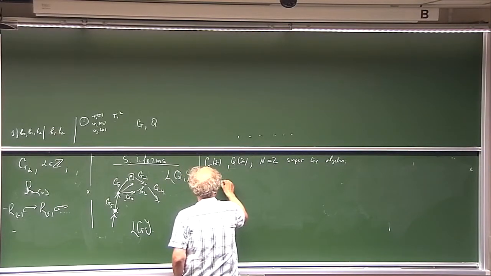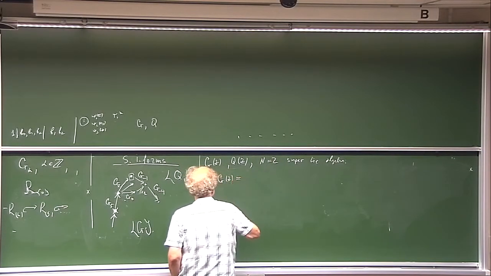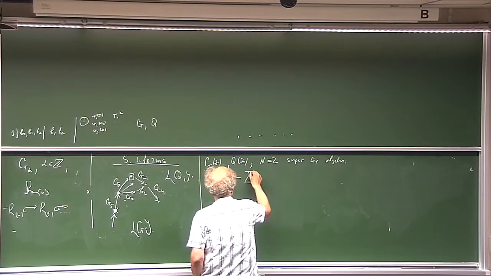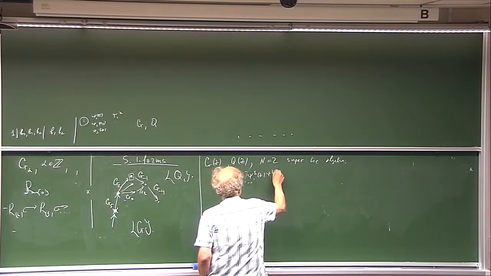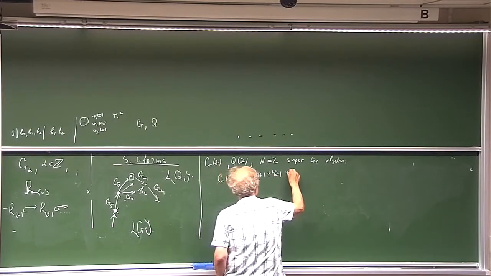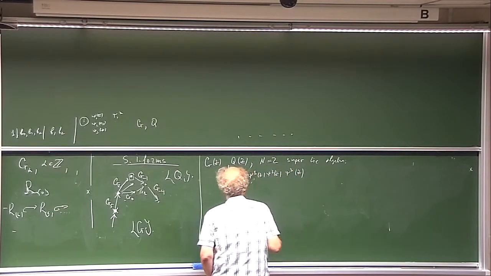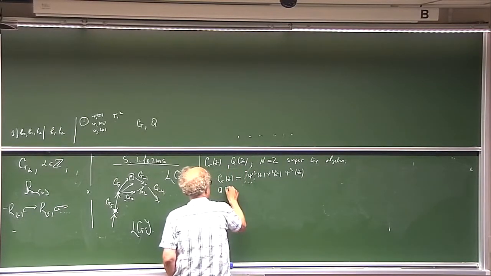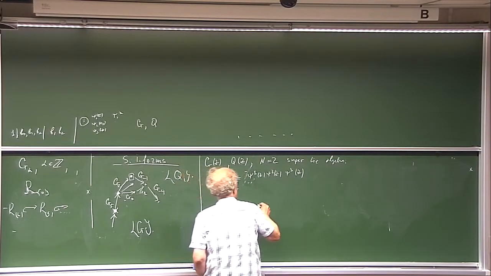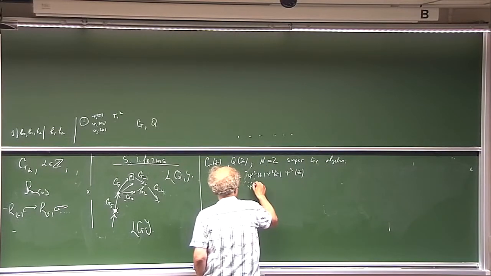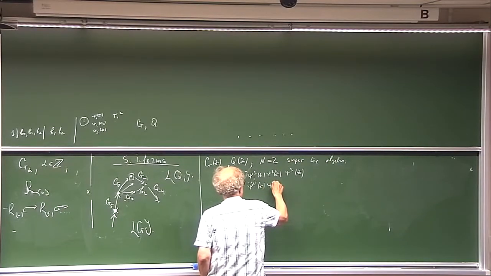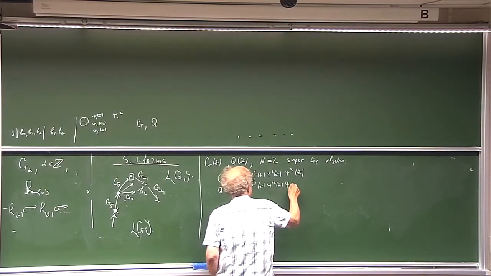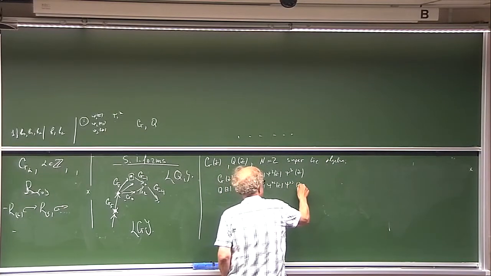So GZ is the sum of psi1 z, psi2 z, and psi3 z, and also QZ is psi star 1 z, psi star 2 z, and psi3 z, yes.